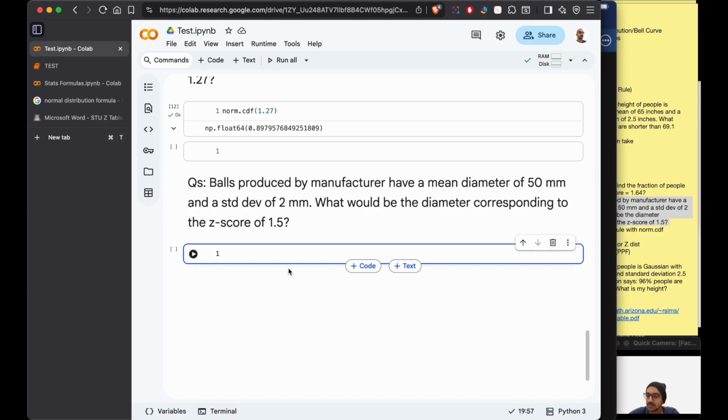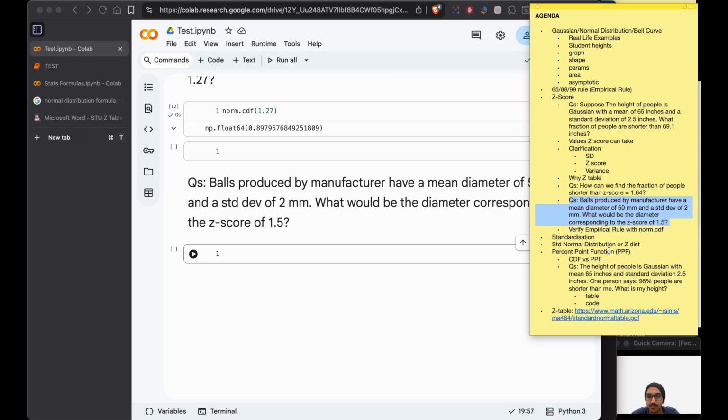And standard deviation is 2. What would be the diameter corresponding to the z-score of 1.5? So they gave us the z-score as well, 1.5, and they are asking us now to find the point, which is the diameter corresponding to the z-score.